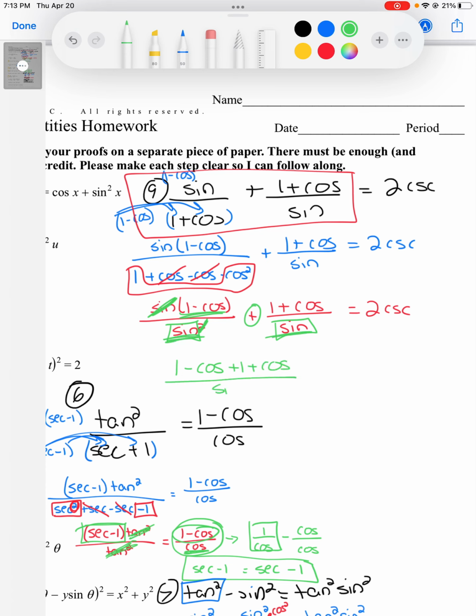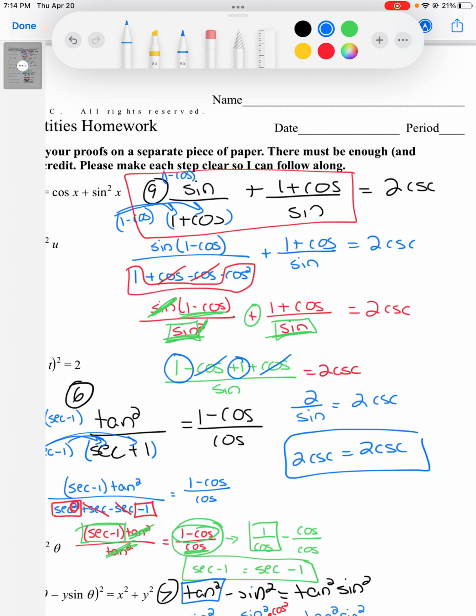And so the nice thing is the cosines cancel out, the ones come together. Oh wait, I forgot to write that this equals 2 cosecant. So now I'm left with 2 on top over sine equals 2 cosecant. Okay, which 1 over sine is then cosecant.